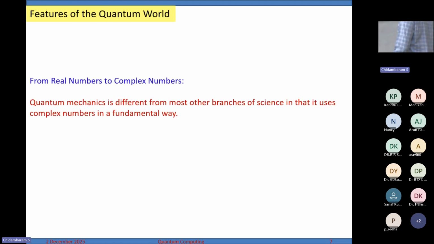Now again, to carry on that discussion from the morning, is it that only this is the advantage? Certainly not. We are able to perform calculations moving from real numbers to complex numbers.